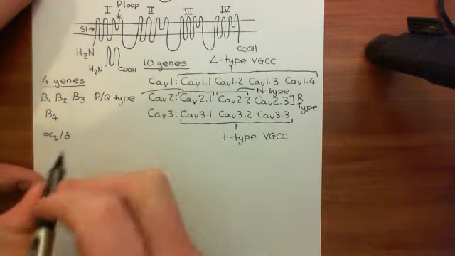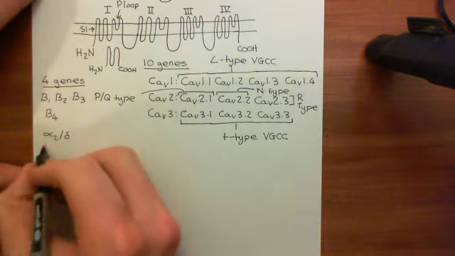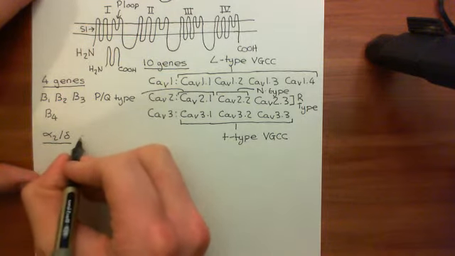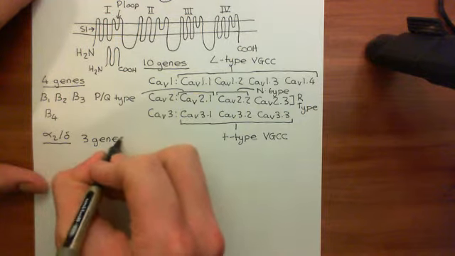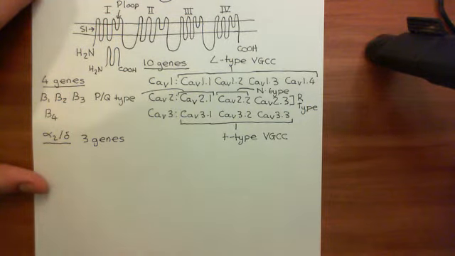Okay, let's now move on to the alpha-2 delta subunit. Okay, so this also has variation within it. There are actually 3 different genes for alpha-2 delta subunits. So remember that both the alpha-2 and the delta portion of the alpha-2 delta subunit come from the same polypeptide that has just come out of a ribosome. Okay, so they're encoded by the same gene.